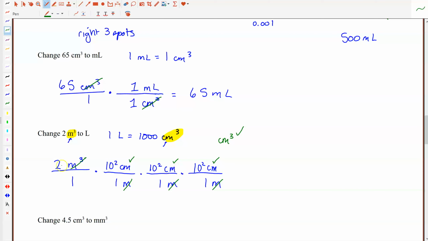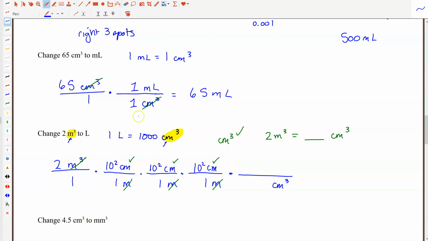Now, I could go ahead and use these to figure out 2 cubic meters equals how many cubic centimeters. You know, I could get that number if I wanted to just by stopping right here. But I'm going to go one step further because ultimately I don't want my answer in cubic centimeters. I want it in liters. So I'm going to set up one more conversion factor. Now technically I have cubic centimeters in the numerator, so in order for it to cancel, I will want to put it on the diagonal or the denominator of this new conversion factor.